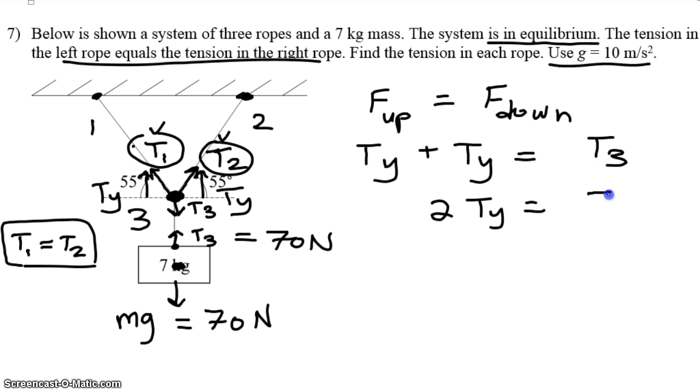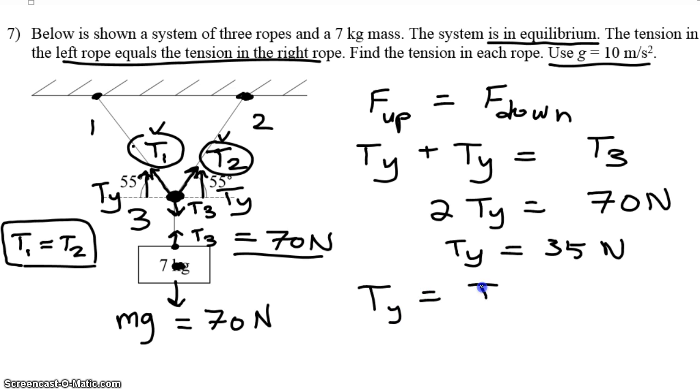And we know T3 is 70 newtons. We already found that. Ty then is going to be 35 newtons, and finding the tension T is a simple matter. The y component of tension is the hypotenuse, so T1 is the hypotenuse, times the sine of 55 degrees.